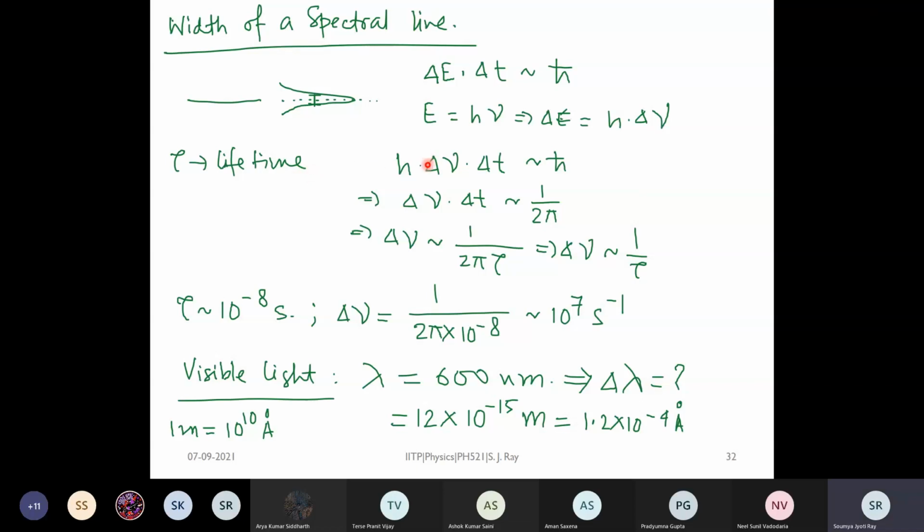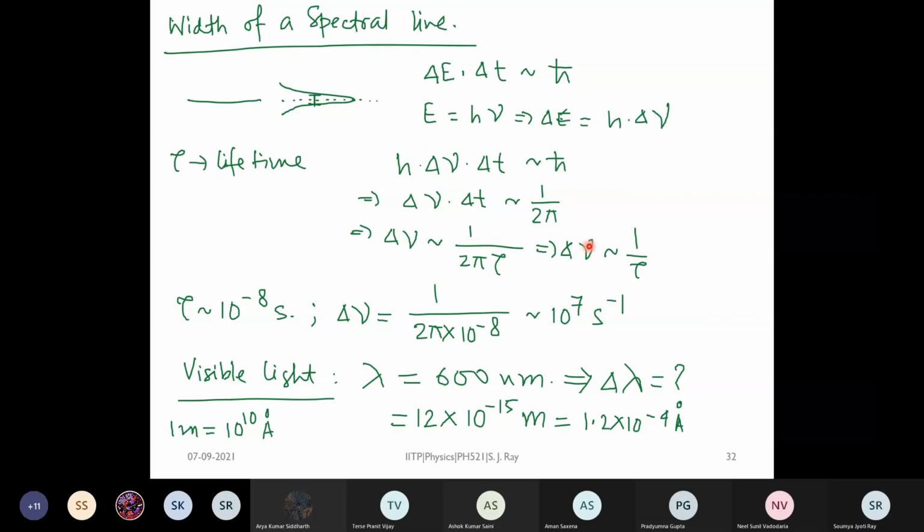Substituting these values, h times delta nu times delta t will be of the order of h bar, or delta nu times delta t will be of the order of 1/2 pi. So delta nu will be of the order of 1/2 pi tau, or delta nu will be inversely proportional to the lifetime of the state.